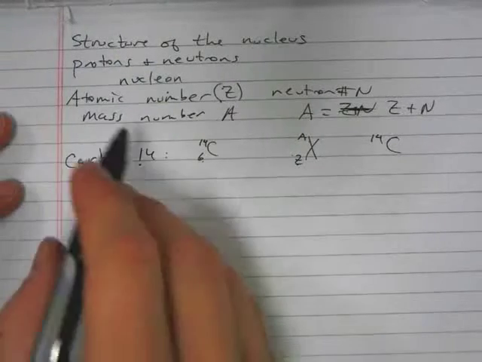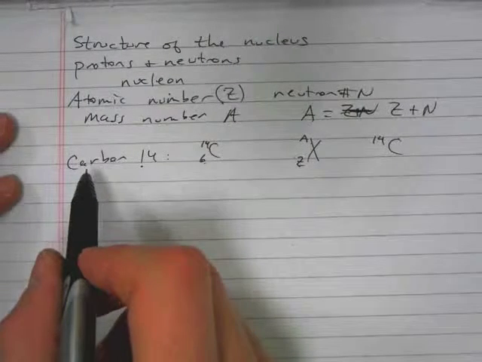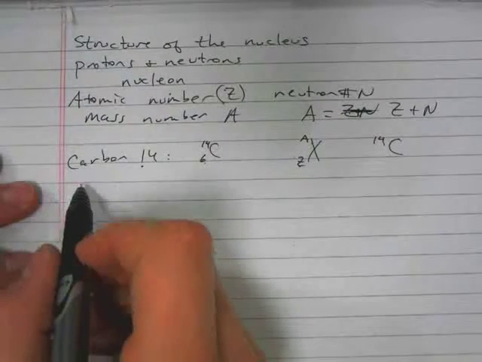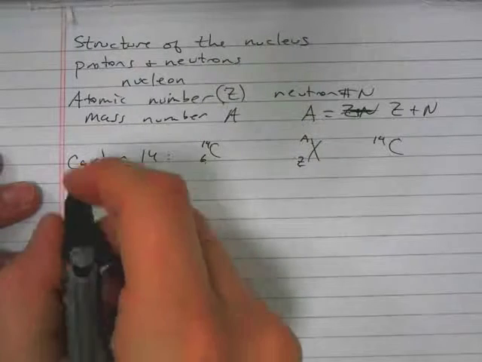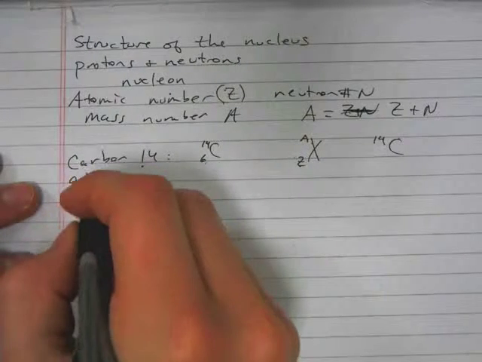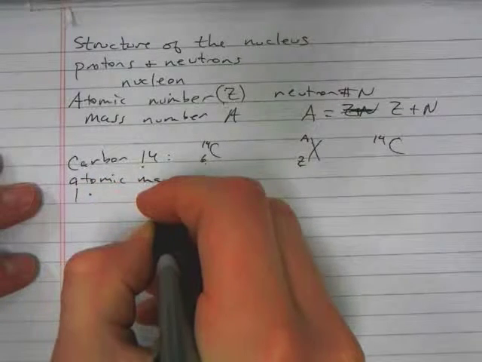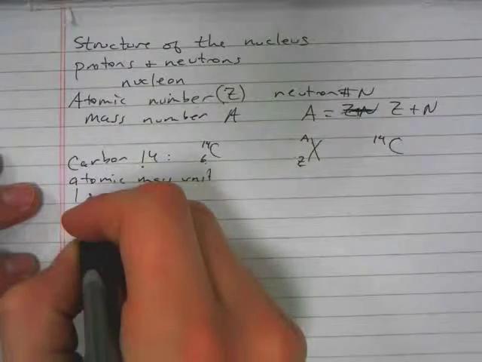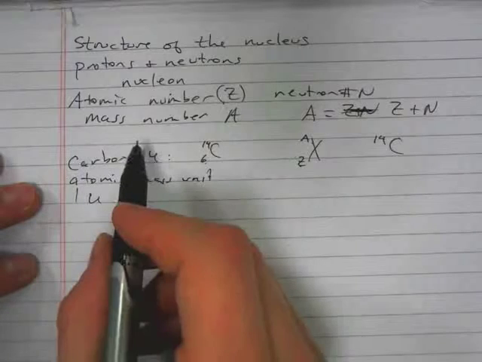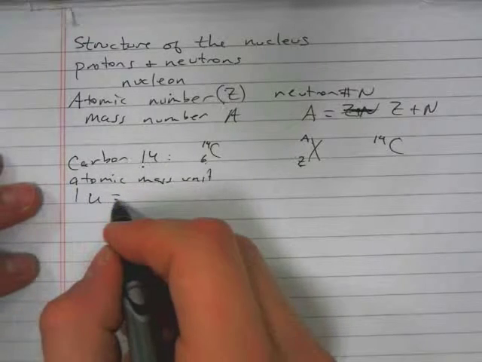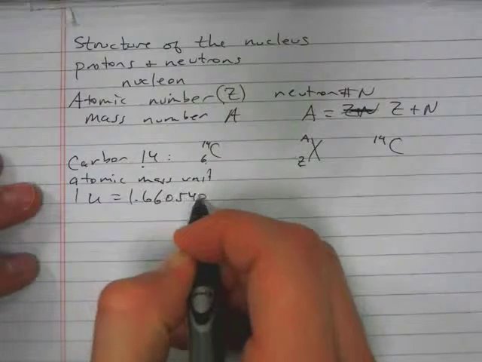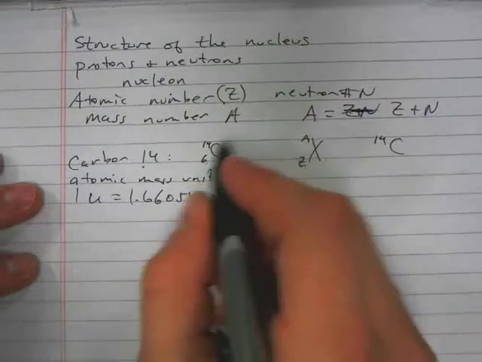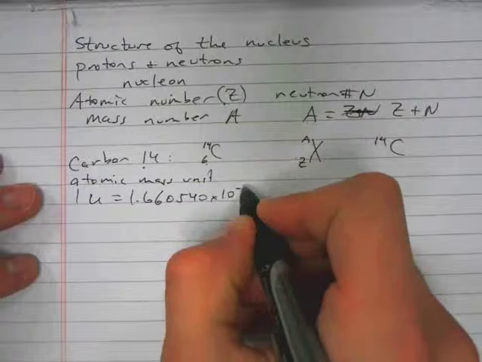A proton and a neutron have approximately the same mass, and that has led to the common usage of the atomic mass unit, which we will abbreviate with u, and one atomic mass unit is 1.660540 times 10 to the minus 27th kilograms.